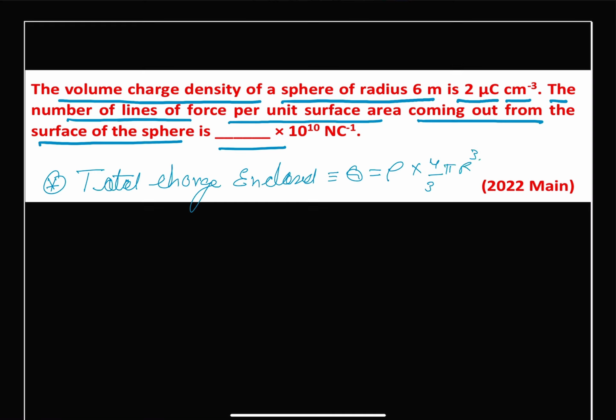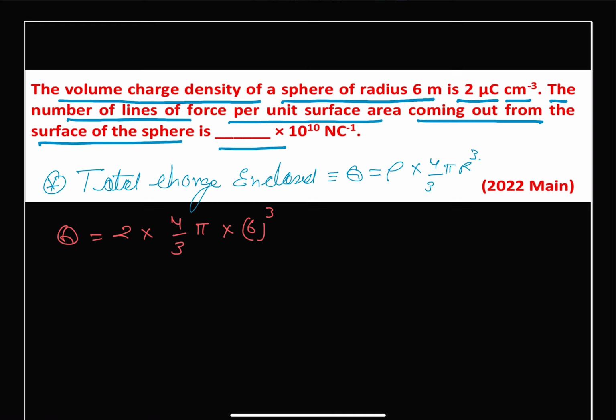So Q is 2 microcoulomb times 4 by 3 pi, and radius is 6 meter, so 6 cube.